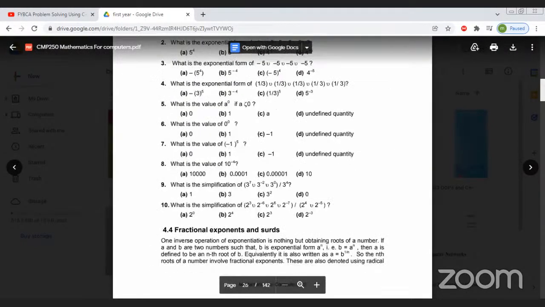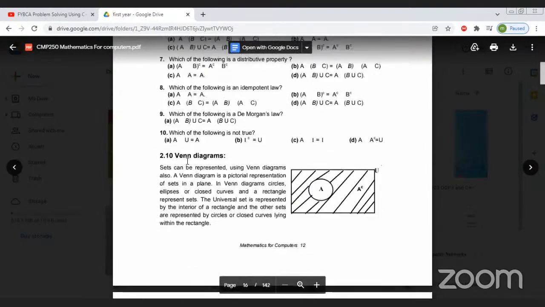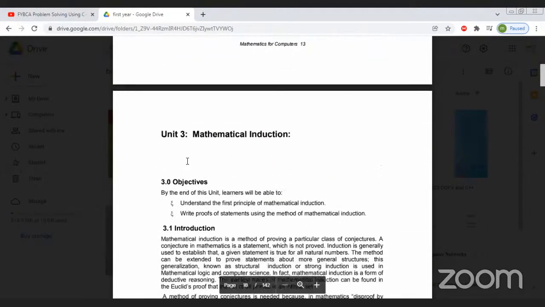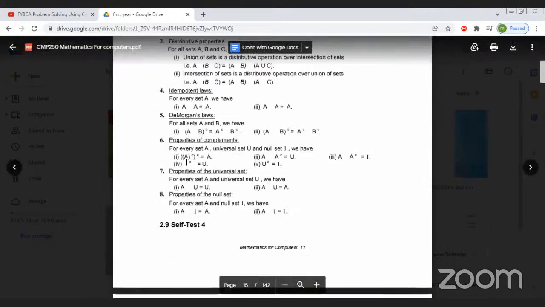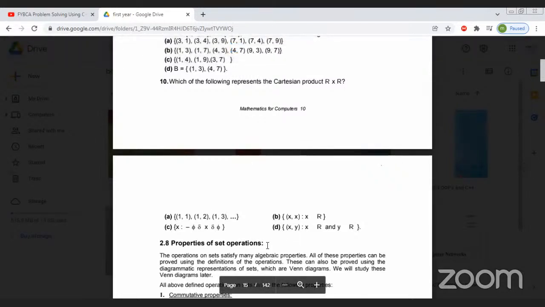Which one are you talking about, dear? The Cartesian product, the 10th question, R cross R, na? What will it be? You tell me. Ma'am, the answer is 1112. This can also be, but the symbols are missing from B and D. So I am a bit confused.